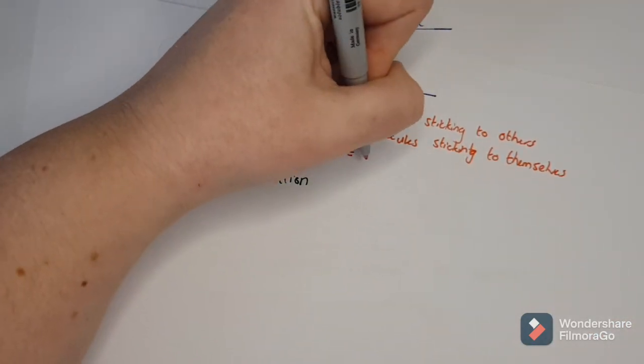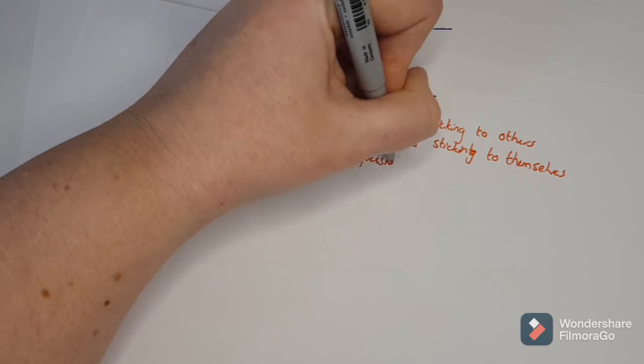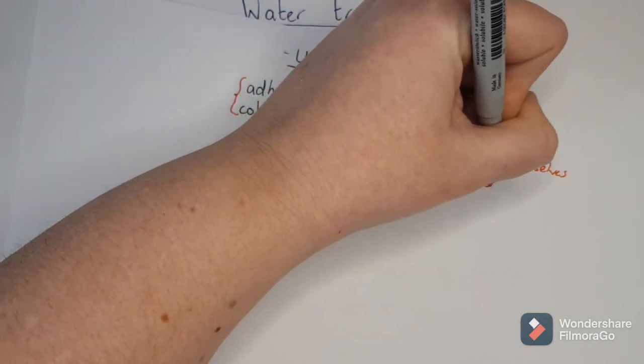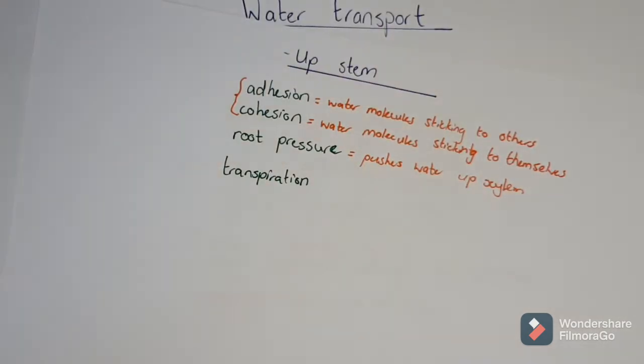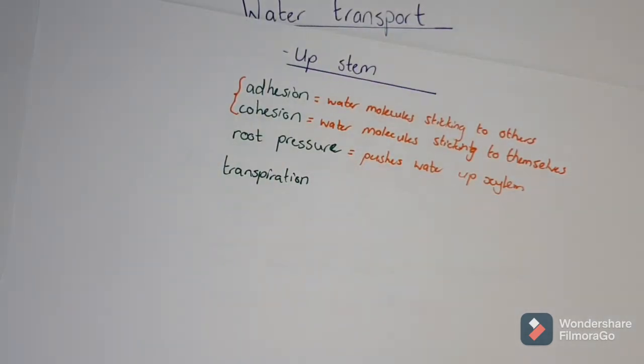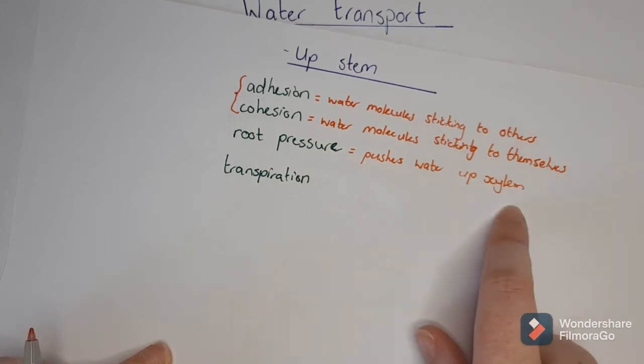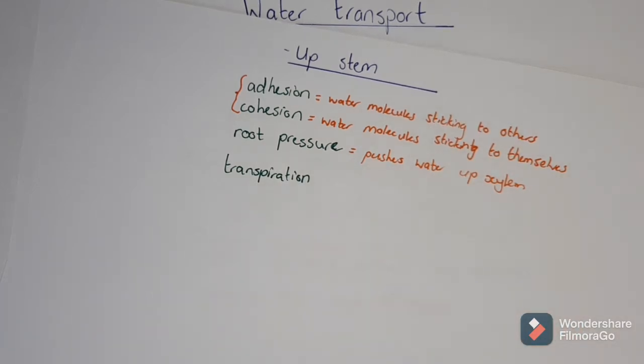So root pressure pushes the water upwards to a point. If it's a very small plant, it's going to be able to move quite far up. But if it's a very huge tree, your root pressure is going to move up, but then you're going to need something else to get the water to actually move all the way to the top.